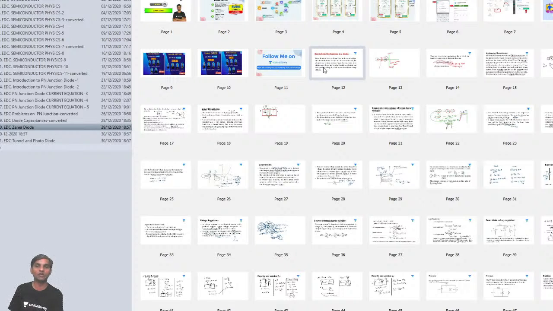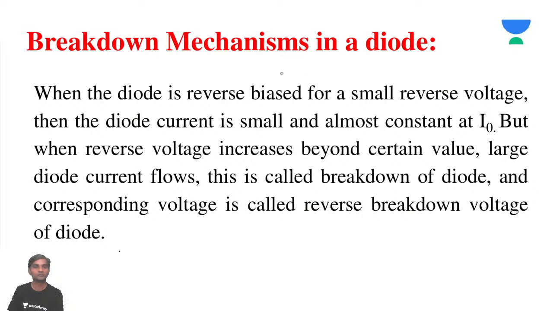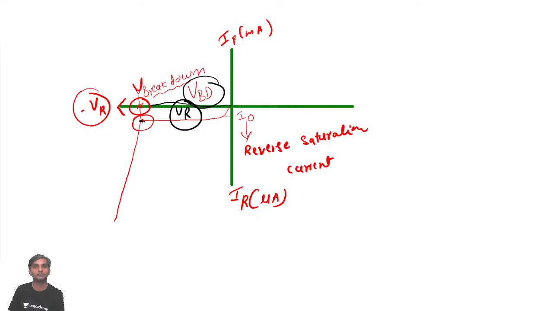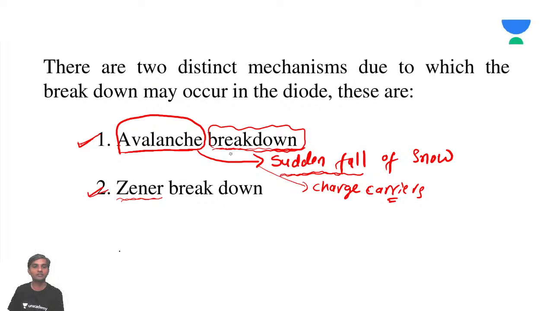In the last class, we discussed breakdown mechanisms in the diode. We have 2 types of breakdown mechanisms: avalanche breakdown and Zener breakdown.